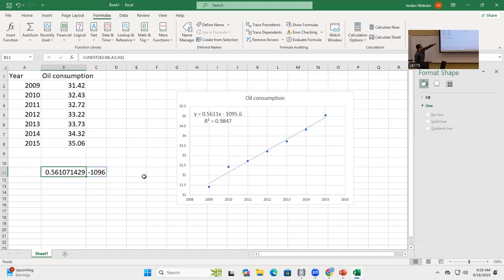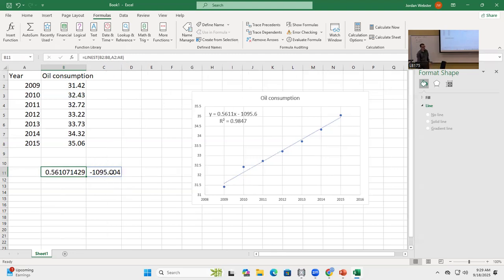But here's what we get. We get 0.5611. That goes out more decimal places. That gives you the coefficient of the X. And then the negative 1096. Again, it's cutting me off at however many rounding spots based on how big the number is. But that also gives me my line if I want to.